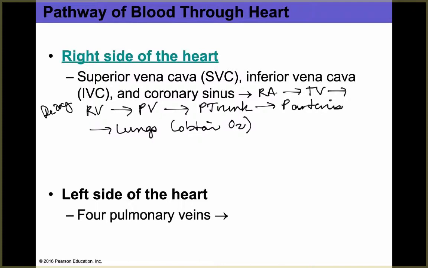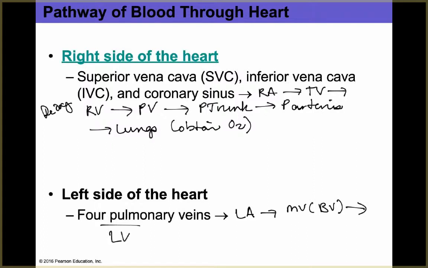Now, once it comes from the lungs, it's going to go into the left side, which is the four pulmonary veins that are going to come back, two from each side. And then it's going to go into the left atrium. From the left atrium, it's going to go through the mitral or bicuspid valve.